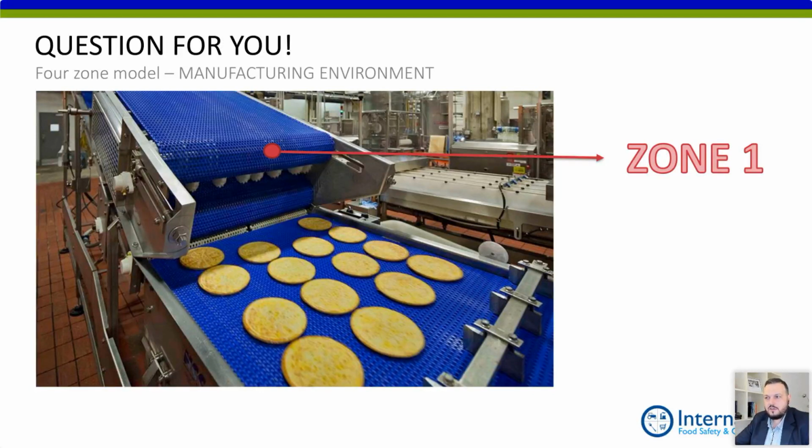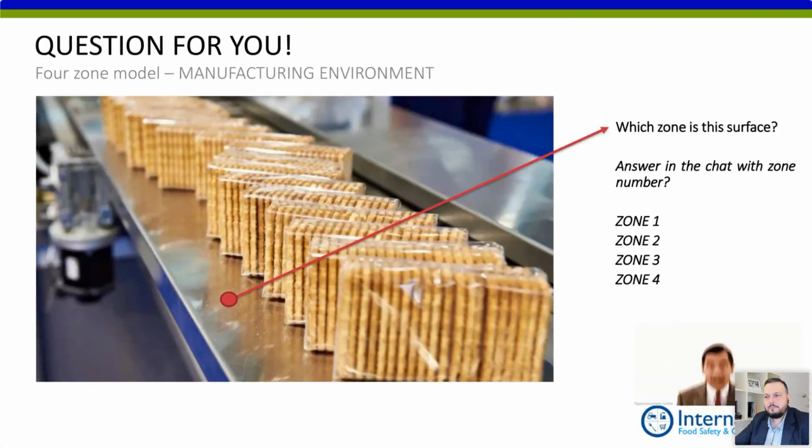Okay, so let's see now, what about this surface? Which zone is this surface? Is it zone 1, zone 2, zone 3, or 4? Please answer now in the chat, because this is very interesting. Adrian is saying 2, Imtaz 2, Kerry 2, Tanmei is saying 1, Yonda, oh, your answers are getting very fast.